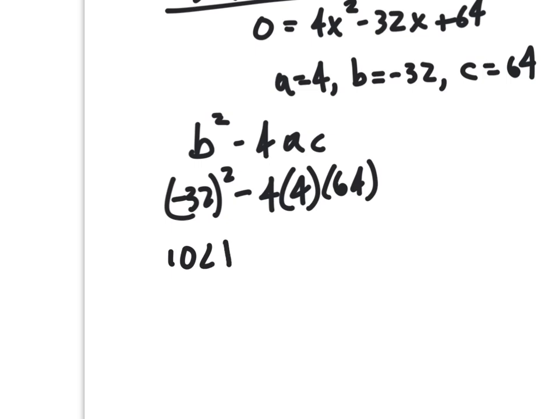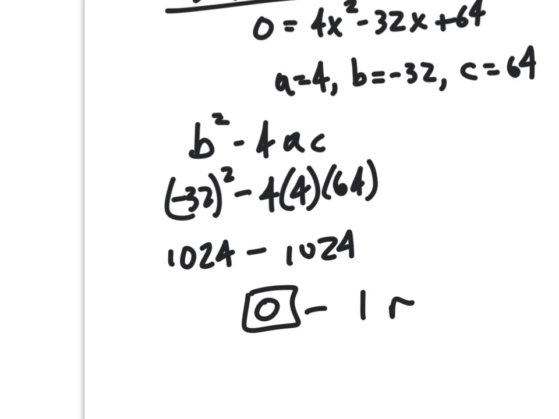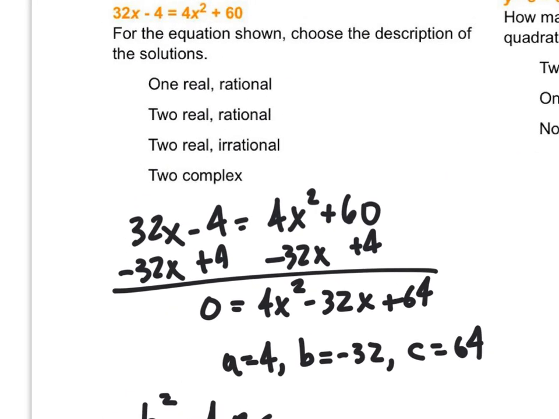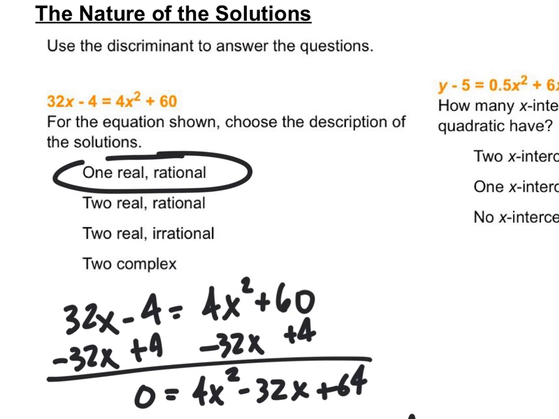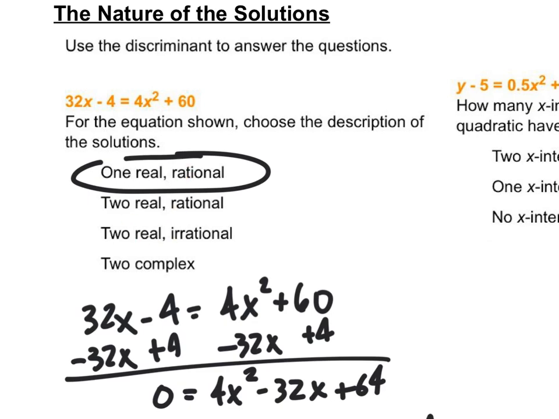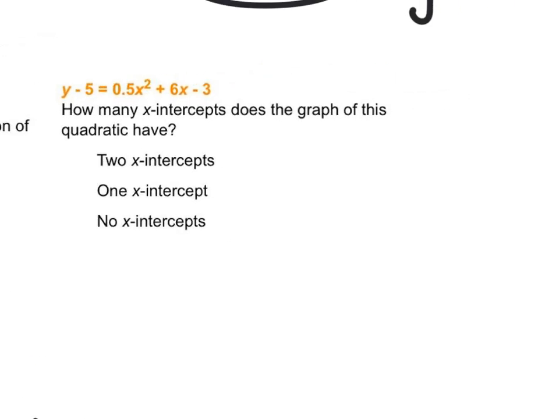So 1,024 minus 16 times 64 gives me 1,024, so I end up getting a value of 0, which means I have one real solution. So I get one real rational solution. The question asks how many x-intercepts you have. Well, that's the same thing as finding how many solutions you have. They mean the same thing.